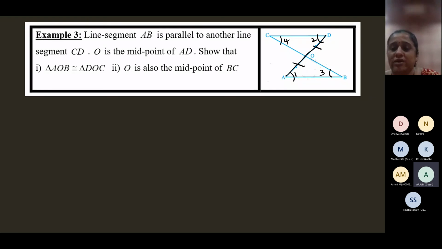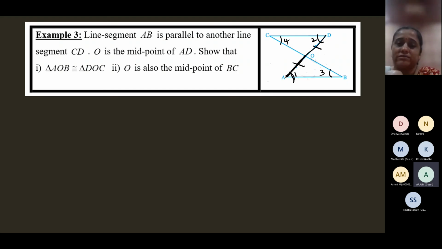Supposing you list these three pieces of information: angle 1 equals angle 2, angle 3 equals angle 4, OA equals OD.